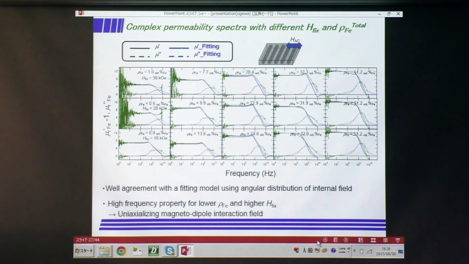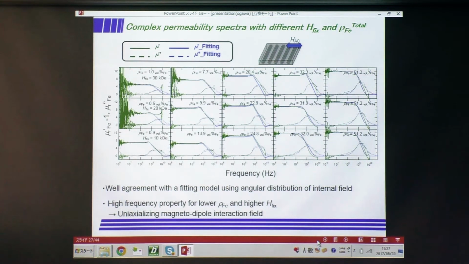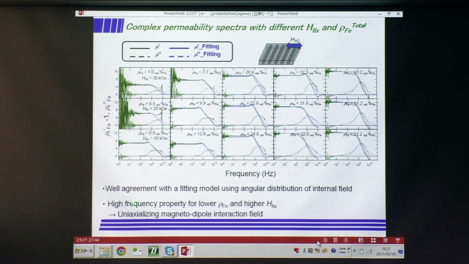The red data is the experimental plot, and the blue colored one is a fitted line using a model of angular distribution of internal field.